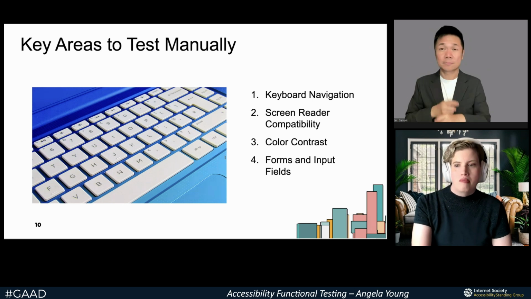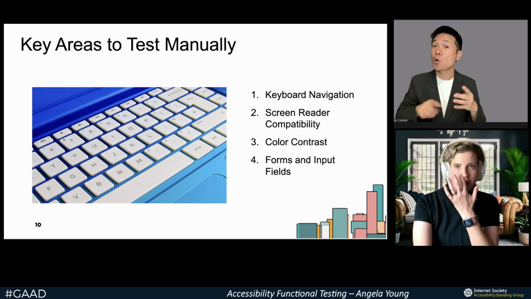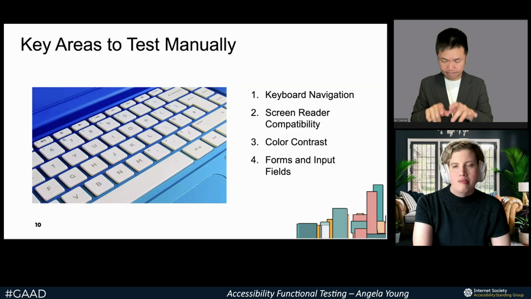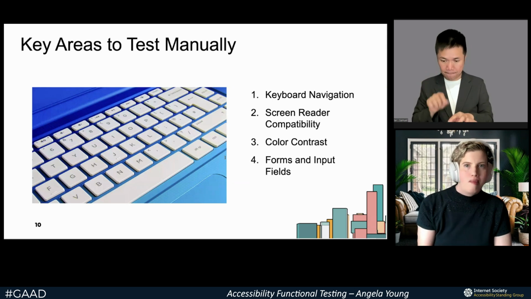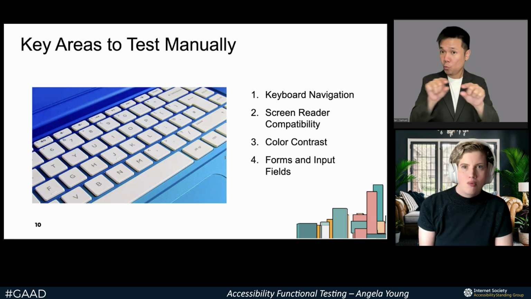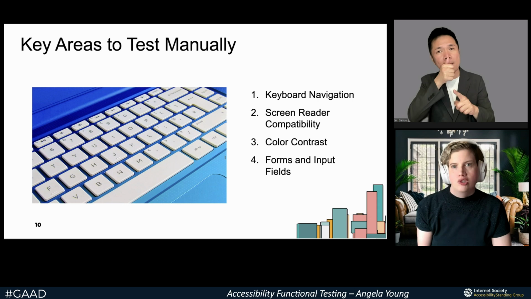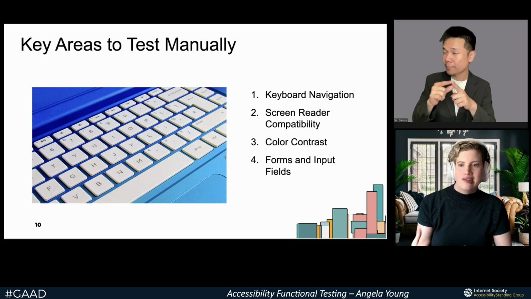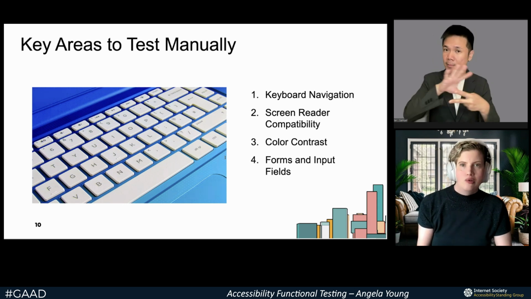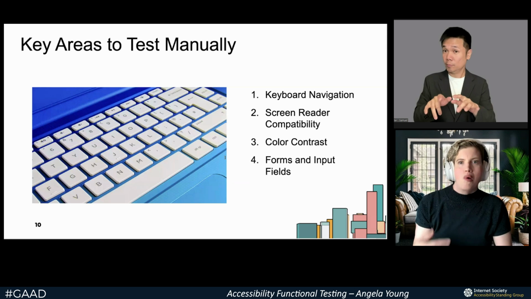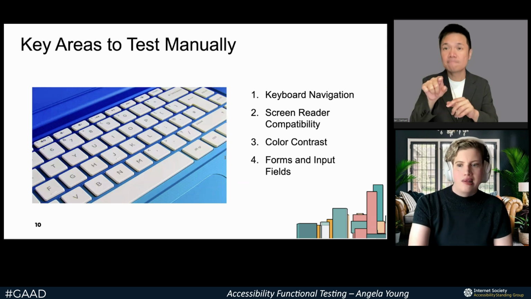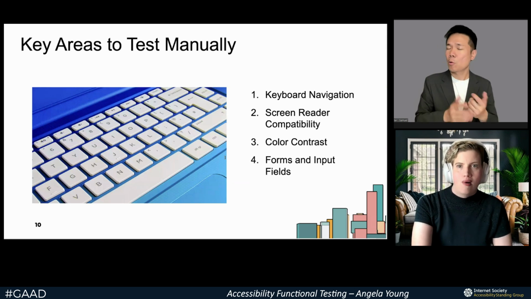And then lastly, forms and input fields. You want to make sure that when someone is interacting with your website and they're giving information such as a username or a password or an address if they're having something shipped, or whatever it is that your website is trying to enable a client to do, you want to make sure they can do that within all of the forms and input fields that are on your site.